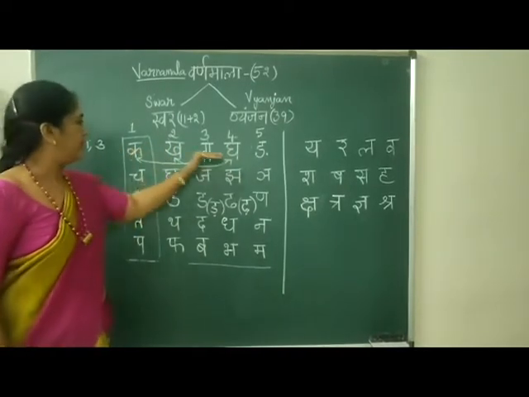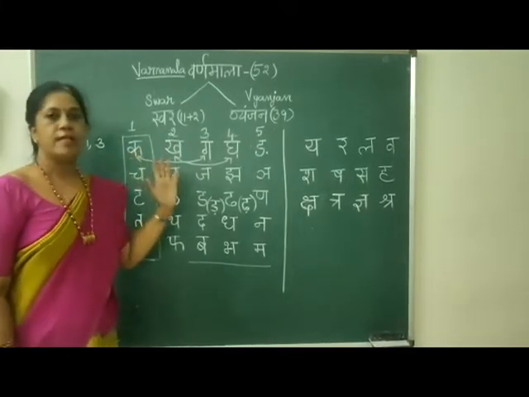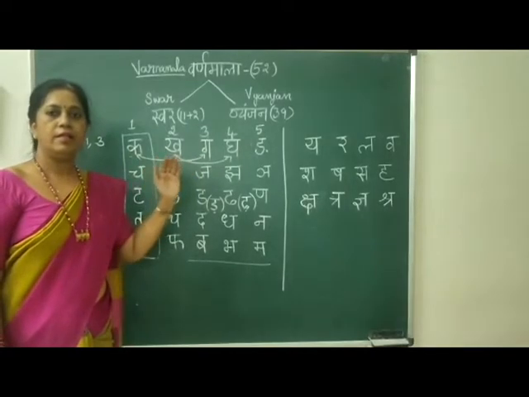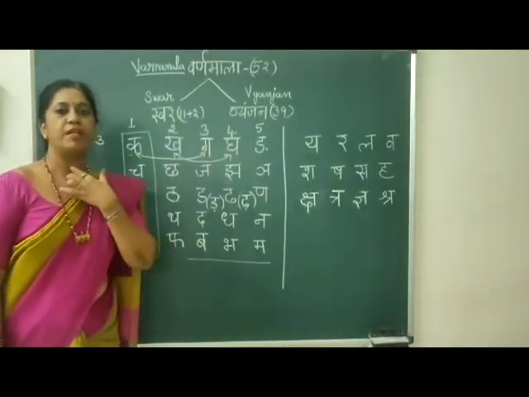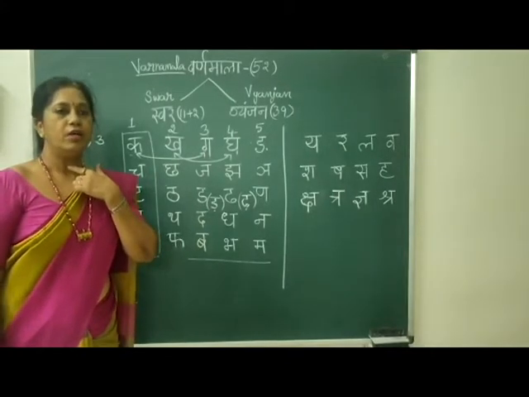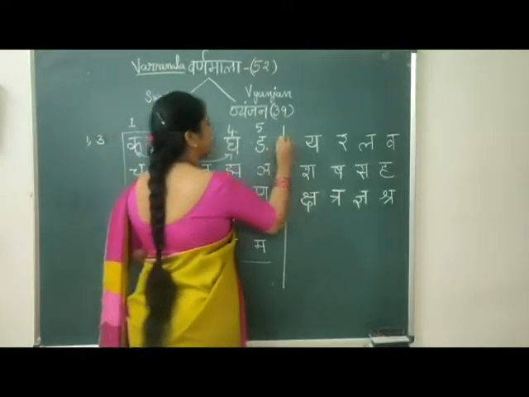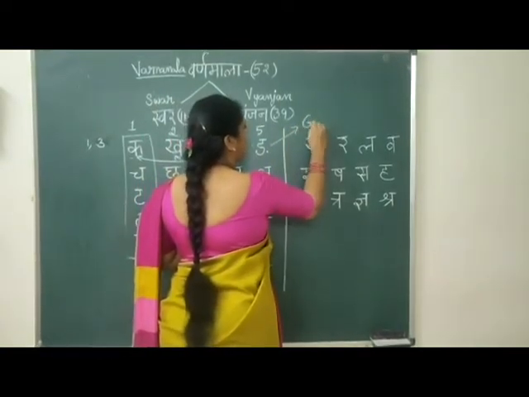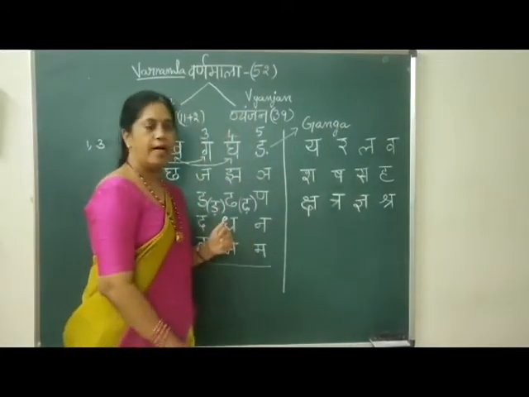Now let us start with the pronunciation. We say ka, kha, ga, gha, nga. This also we have to sound from here. Nga, nga. If you find it very difficult, I can give you a clue. You have a word called Ganga.